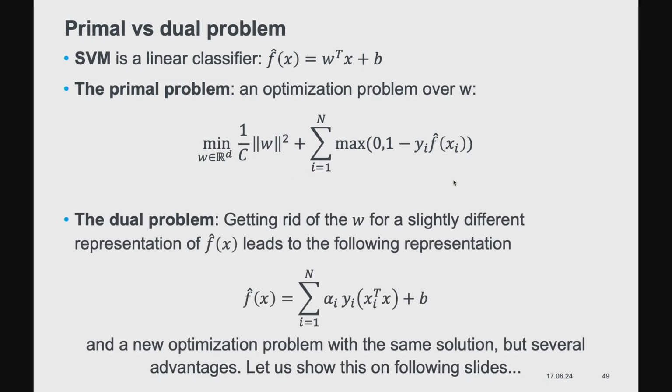And now the dual problem is to get rid of the w for a different representation of f hat.